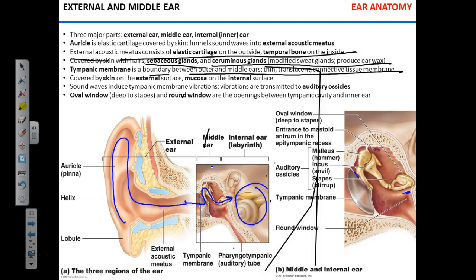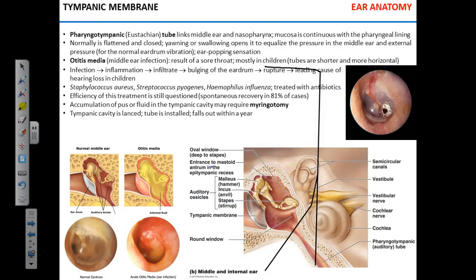When you do this, that's the tympanic membrane. Ugh, that pops. Okay. The middle ear and your pharynx, throat, are connected by the tube called the pharyngotympanic or Eustachian tube.